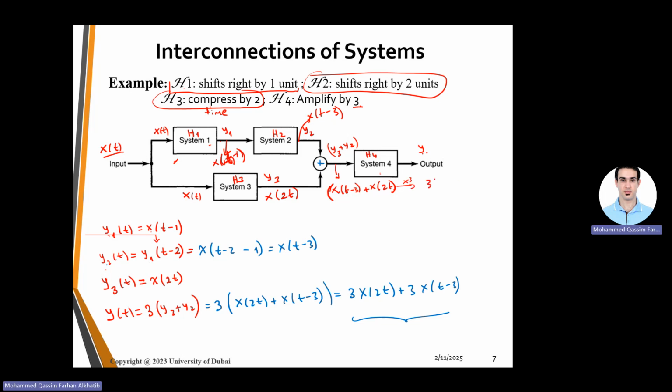You will get 3 times x of t minus 3 plus x of 2t. And then you can distribute, and you'll get this final answer here. All right, it's quite straightforward. I'm not sure if such a question is suitable for an exam or midterm, but yeah, everything is possible.